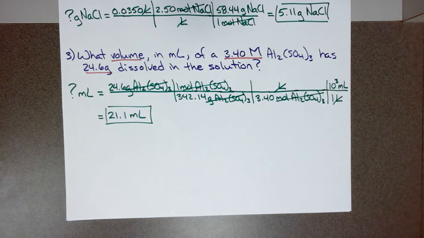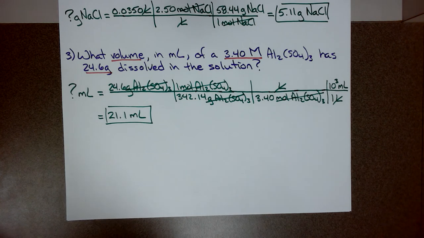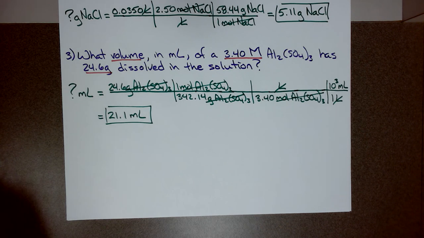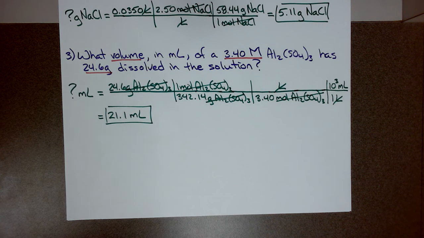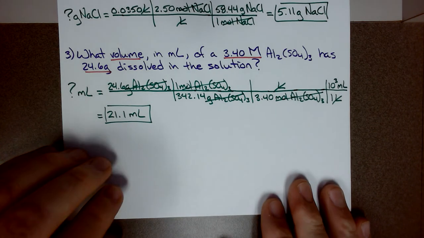Okay, so those are the different ways to use molarity. That's making solutions and knowing the concentration of those solutions. But a lot of times in chemistry we buy what are called stock solutions. Those are solutions that are already concentrated, especially when we deal with acids.